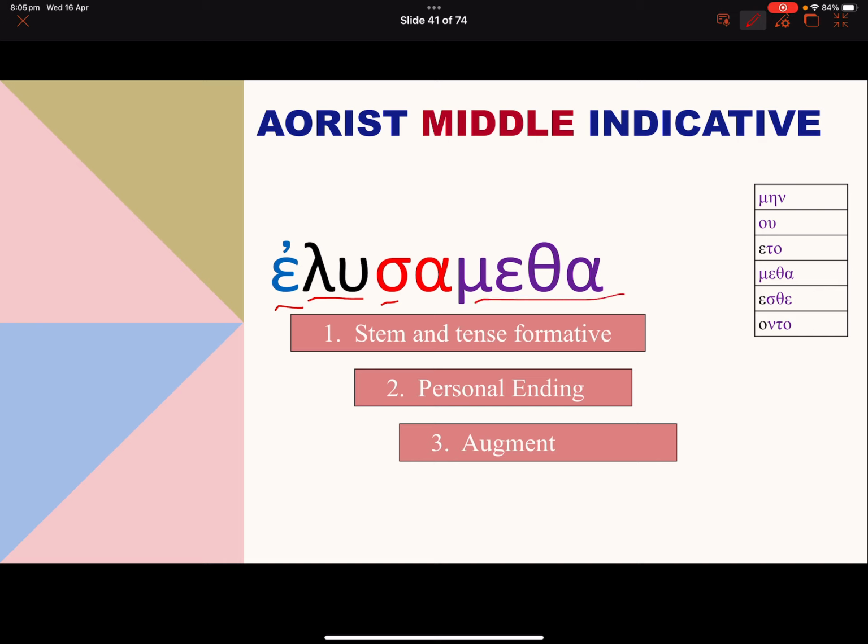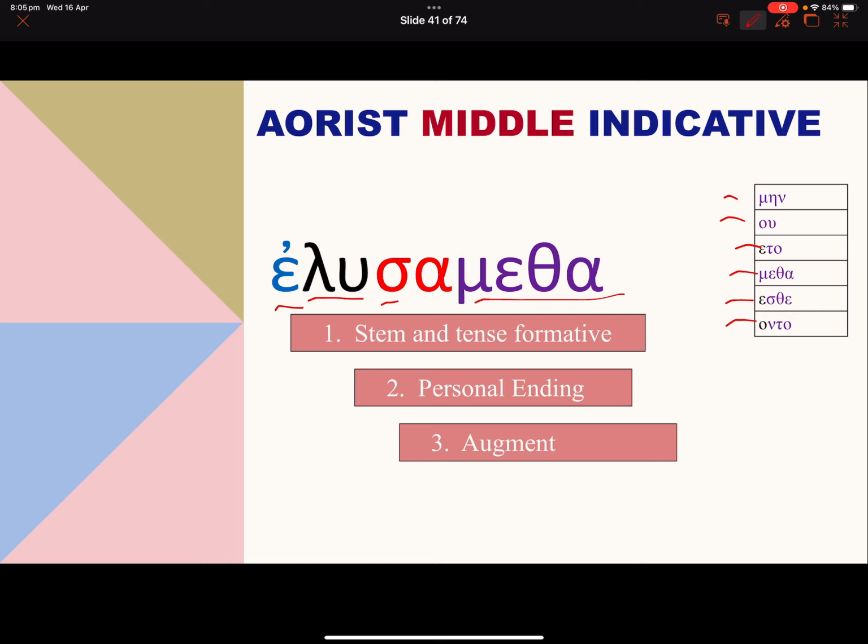So instead of on, s, n, omen, ete, on, we're now using these ones: mēn, u, eto, metha, este, onto. So these were our secondary middle passive endings, that fourth sort of set of endings that we learned.